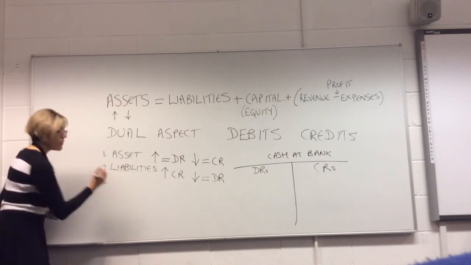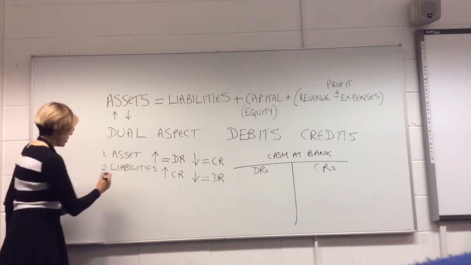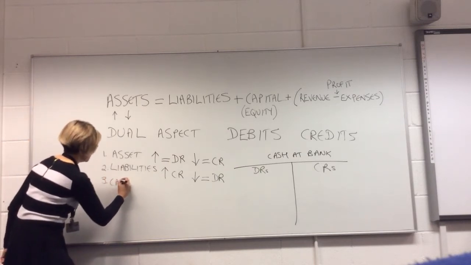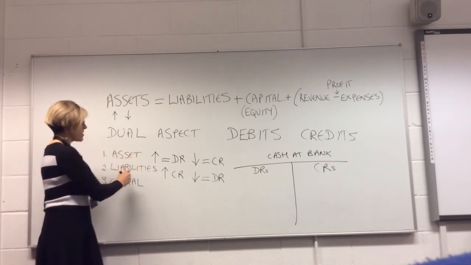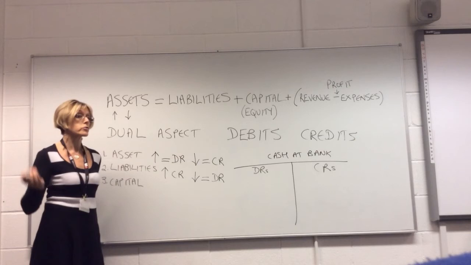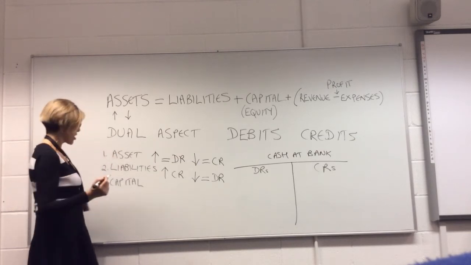Capital. Remember that capital is what the business owes to the owners. Now, capital works in the same way as liabilities do, because capital represents what the business owes to the owners. Liabilities represent what the business owes to everybody else.